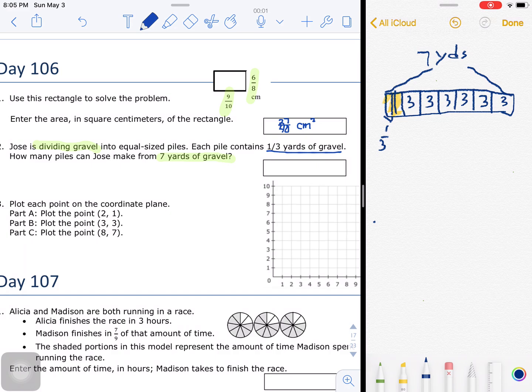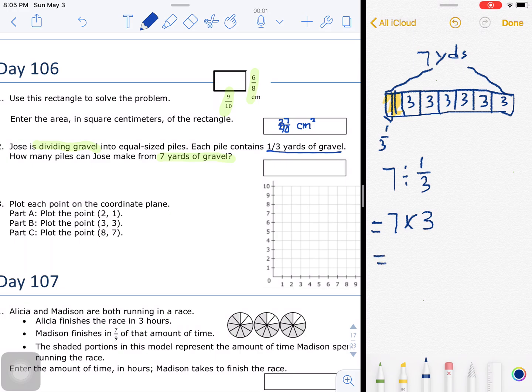But let's set this up. This is a division problem, so we're taking 7 yards and we're dividing it by 1/3. And what we see is that 7 divided by 1/3 is the same as 7 times 3, because there are 3/3 in every one whole.